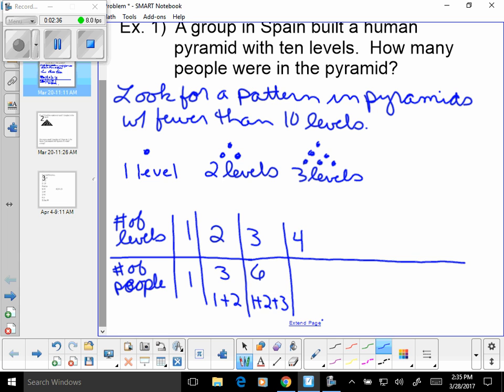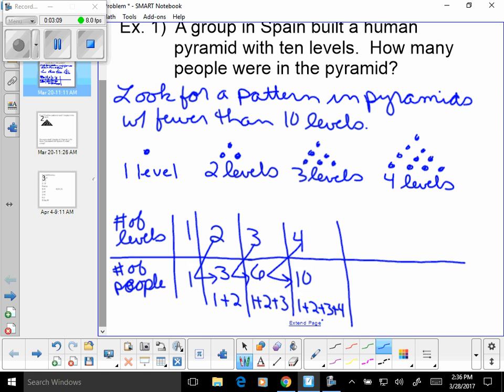So what if we're going to have 4 levels? 1, 2, 3, 4, 1, 2, 3, 1, 2, 1. Count them. There are 10. We actually take the number of levels and add them together. 1 plus 2 plus 3 plus 4. You can also see that we add to get this. 3 plus 3 is 6. 4 plus 6 gives us 10.